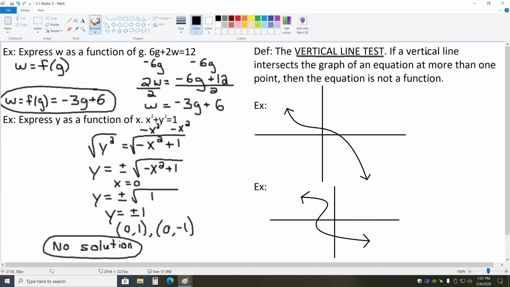We say if a vertical line intersects the graph of an equation at more than 1 point, then the equation is not a function. Note that this is any vertical line. If it happens one time in the problem, then that problem is not a function. So looking at this first graph, take a moment, decide if this is or is not a function.